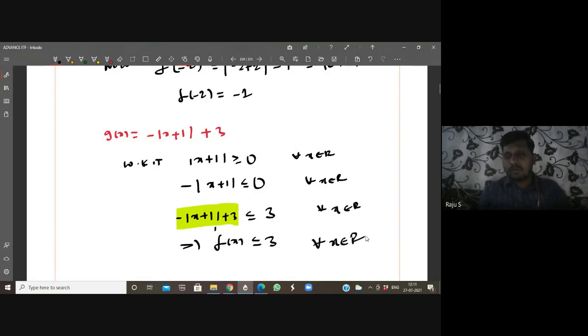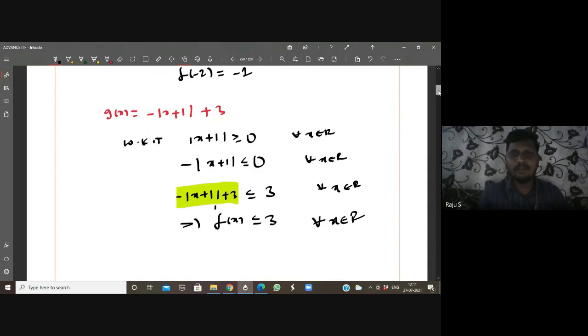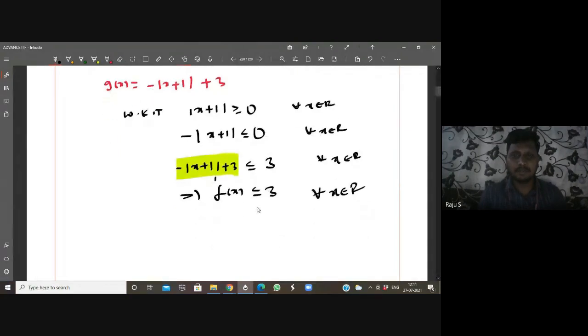So what do you observe here? The maximum value of the function is 3. But at what point is the maximum value 3?